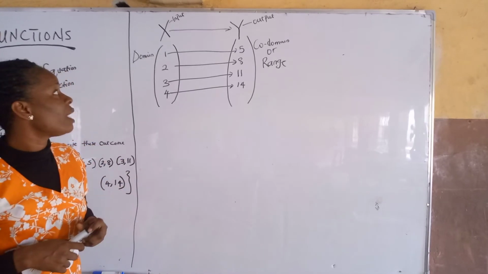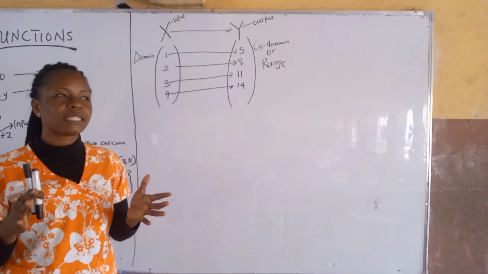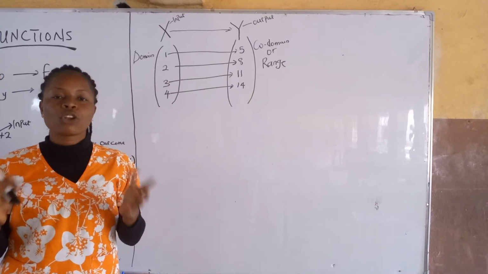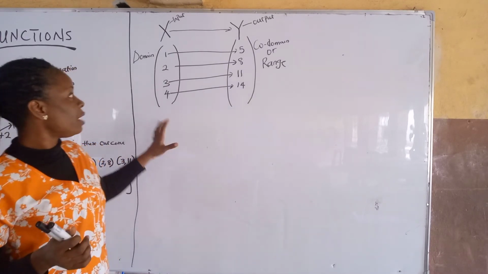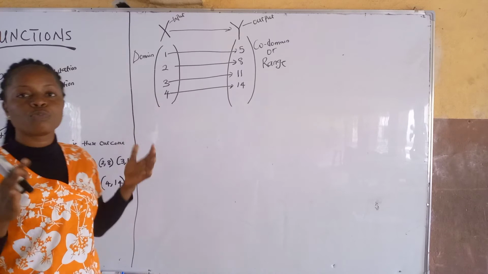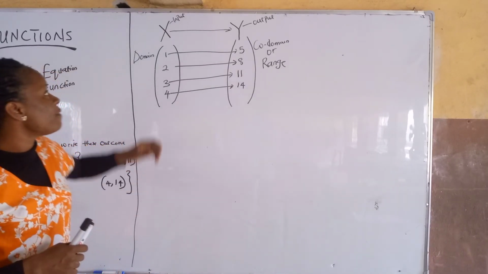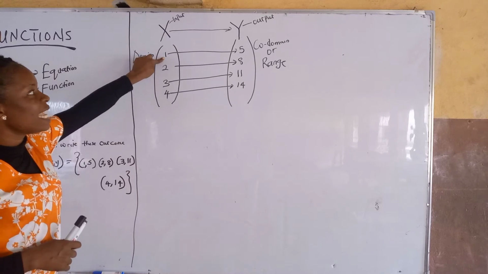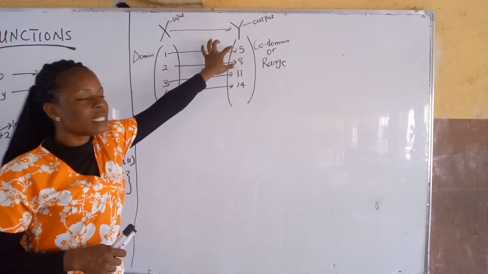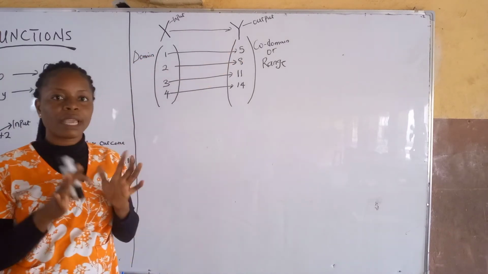What are we saying? We are saying that a function is a sort of rule which says that every input you put, you have a single output. So if element A has 1, it cannot map to 2 elements in the range. If it does that, it is not a function.